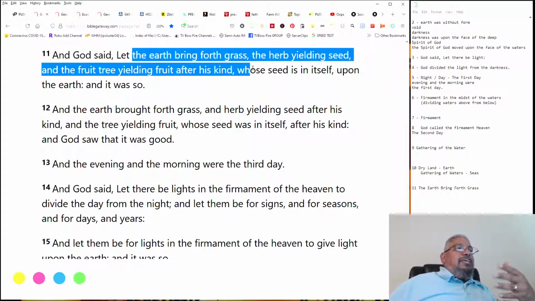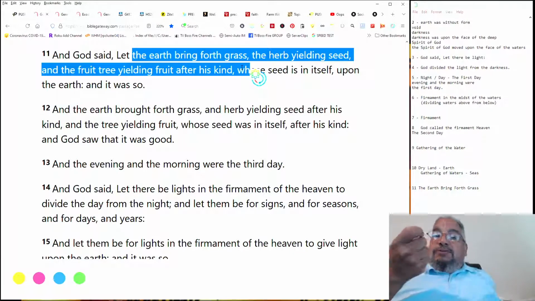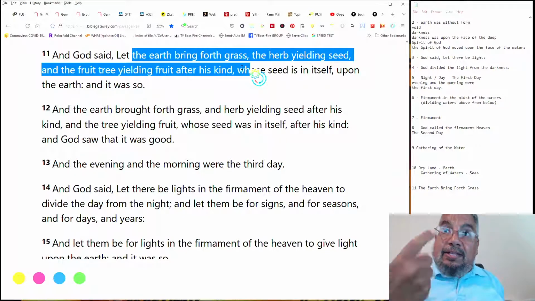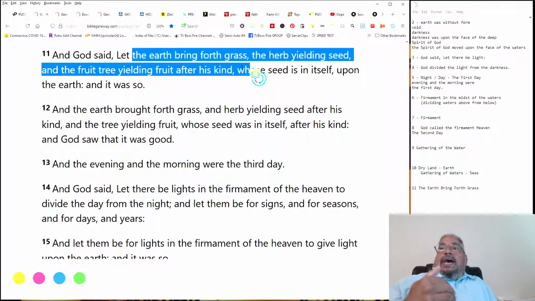What is this bringing forth? How can the earth bring forth? Because it was in the earth already. Hello, from the beginning. So that is why the earth was covered. But what was there before is still there. There was seed there before because there was seed growing before.